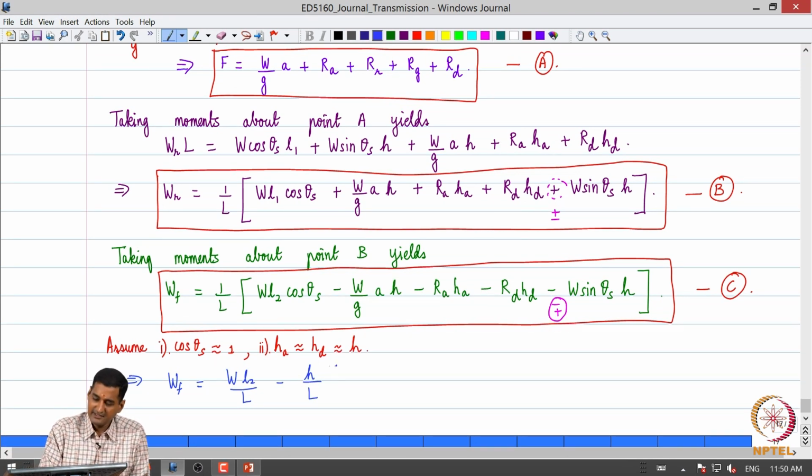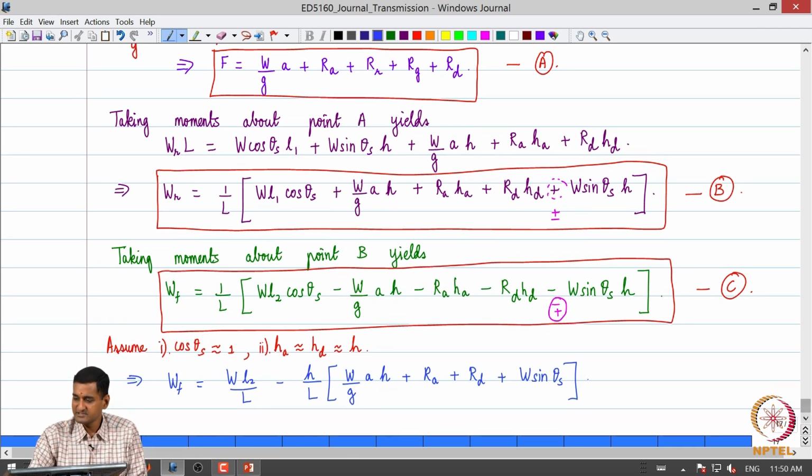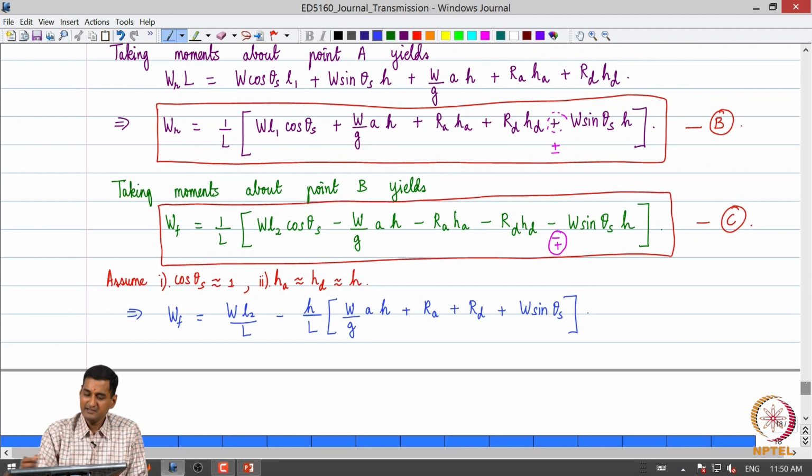So, we take h by L common and this becomes W by g A plus RA plus RD plus W sin theta s. Correct? I am sure all can agree with me. So, cos theta s we are taking as 1, ha and ht we are taking as h.